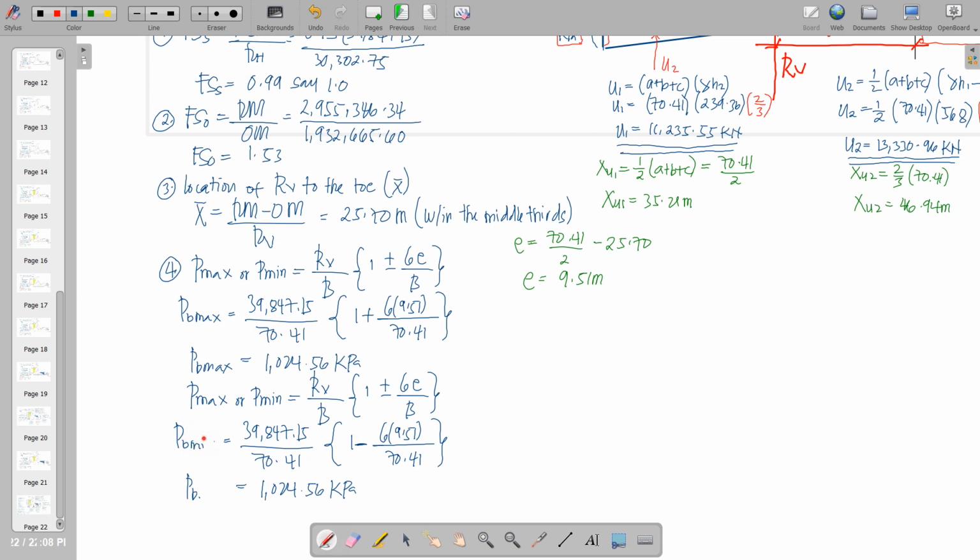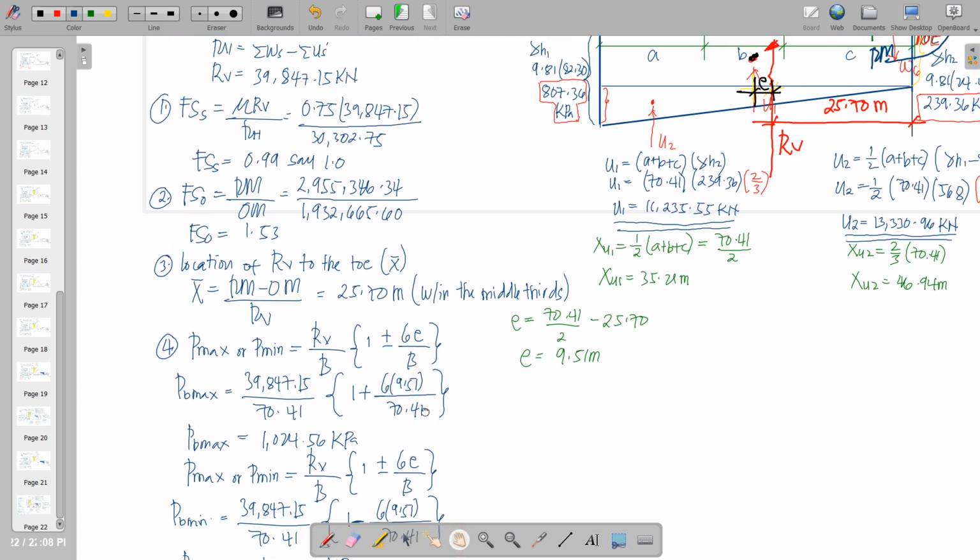This is the base pressure minimum. With that, it can be calculated to be equal to 107.53 kPa. So these will be the answers.